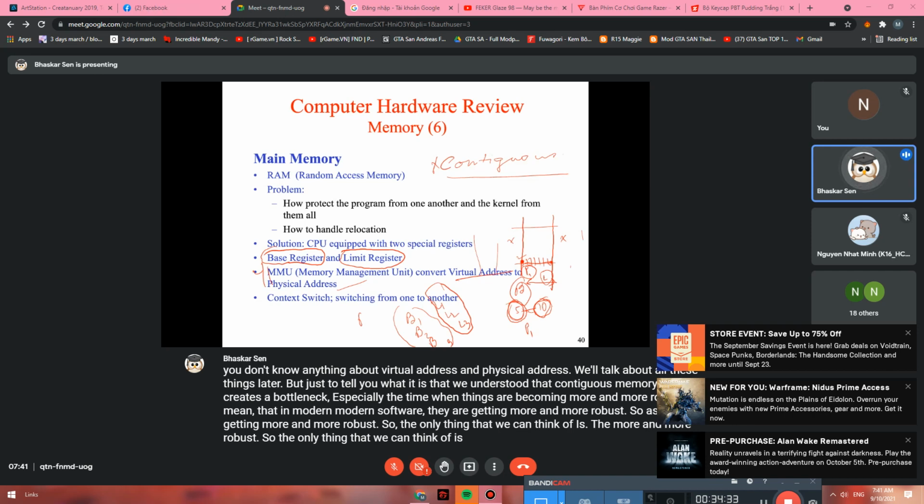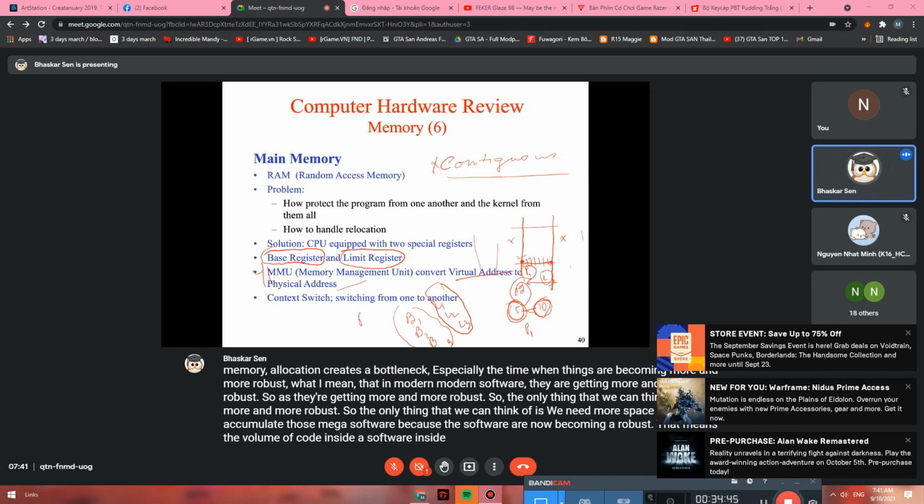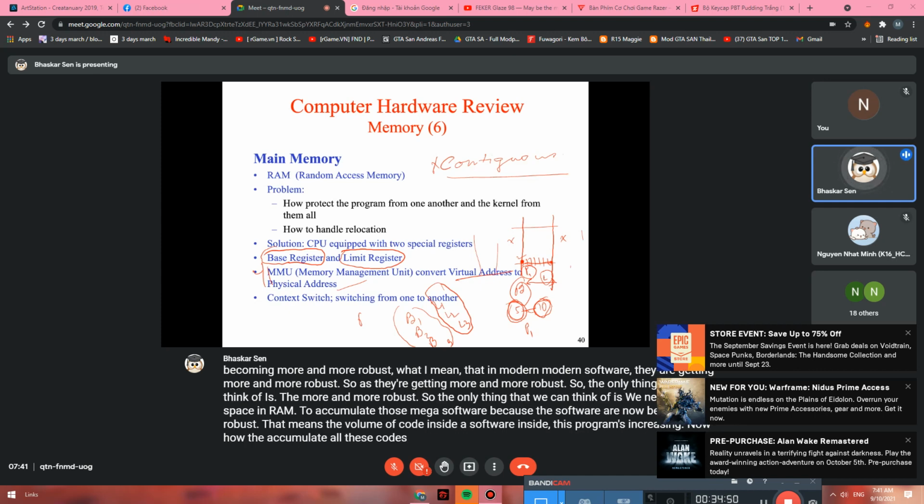we need more space in RAM to accumulate those mega software, because software is now becoming robust. That means the volume of code inside the program is increasing. So how do you accumulate all these codes on a simple RAM that's like 2 GB, 3 GB, 4 GB?